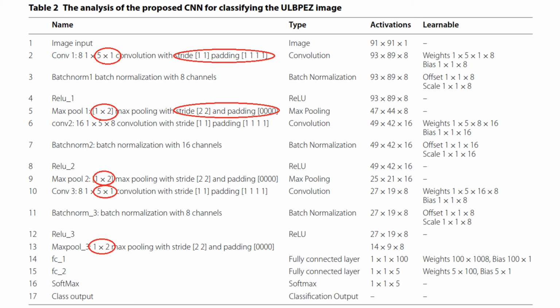Because we concatenate the features to build the image, and the extracted features depend on their neighbors. If we made the filter size two-dimensional, it would cover two features not related to each other. So that's the reason why we are using a 5 by 1 filter size.